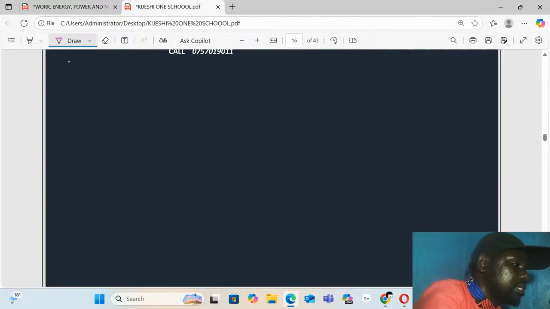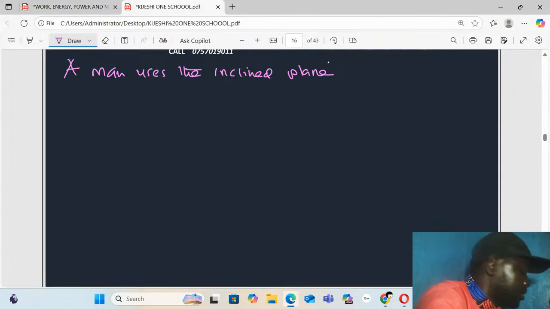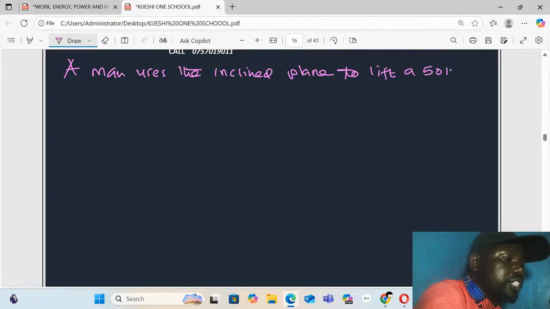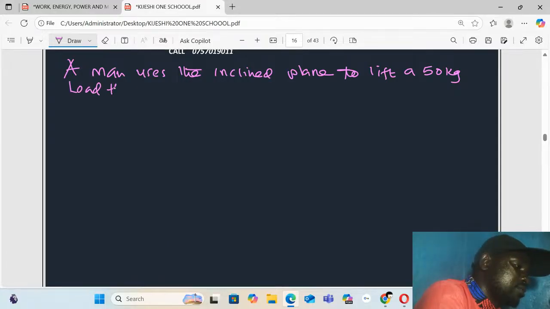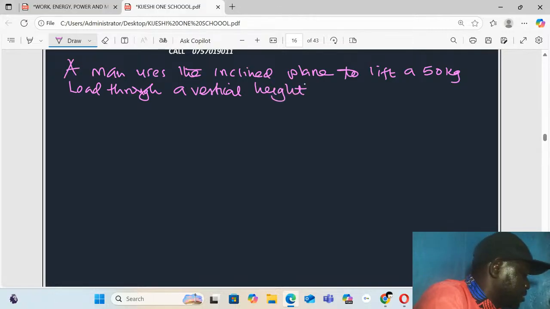A man uses the inclined plane to lift a 50 kg load through a vertical height of 4 meters.